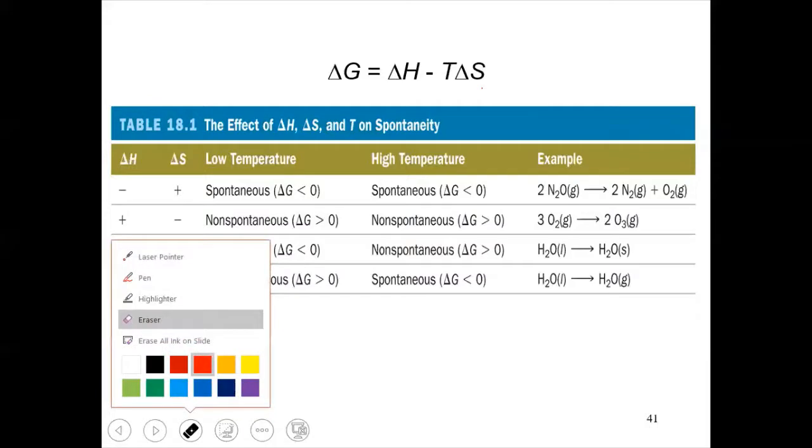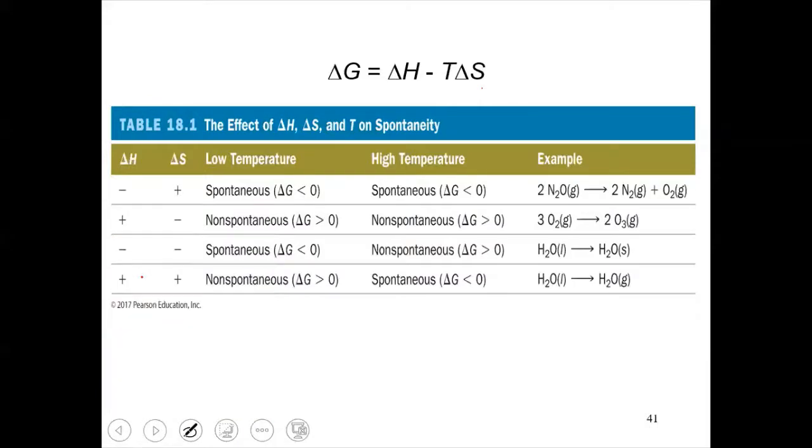All right, let's look at the second scenario here. Let's say that delta H, I'm sorry, is positive, and let's say that delta S is negative. That's the second case. Notice that when delta S is negative, that means that minus T delta S becomes positive, right?